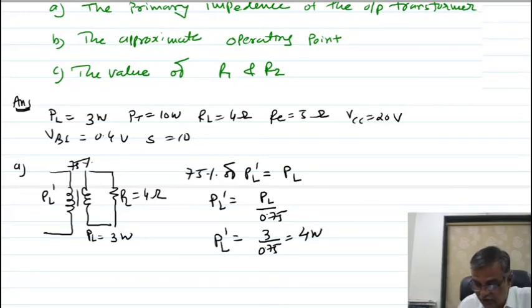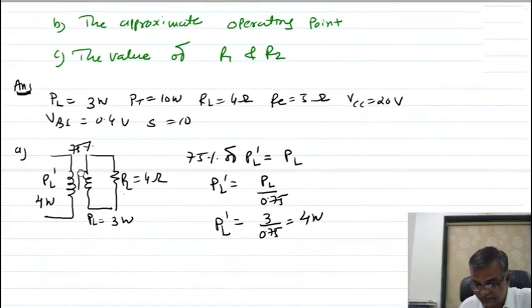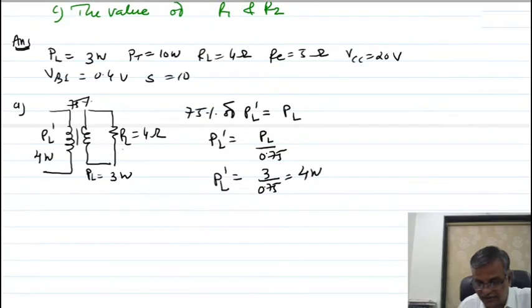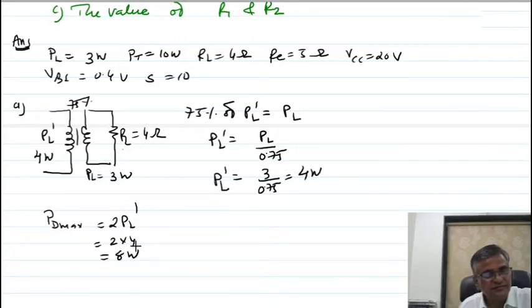So here how much you should have? 4 watt. And then you can convert 3 watt here. Remaining 25% is wastage. Now second, in this what I want. Now we know that PD maximum is 2 PL dash. So 2 into 4 it is 8 watt. We have to see whether our transistor is operated in a safe region or not.